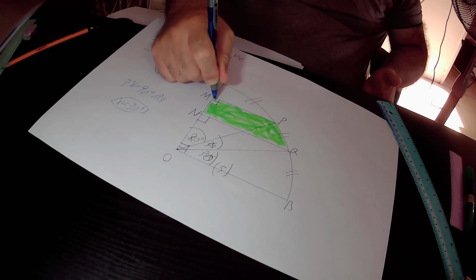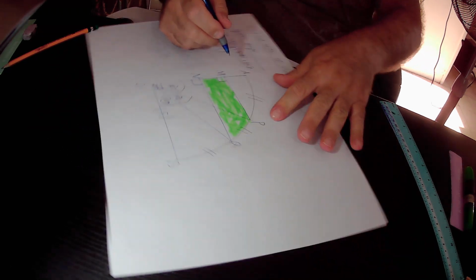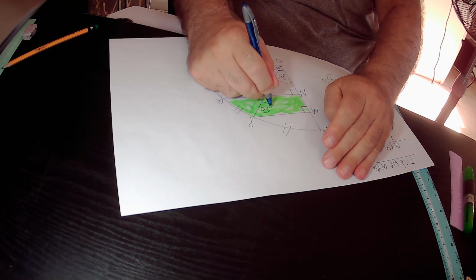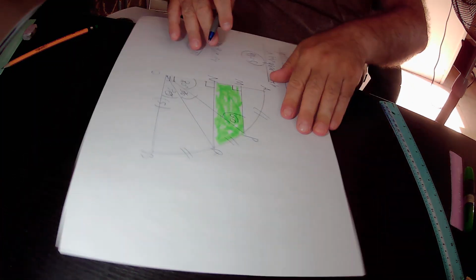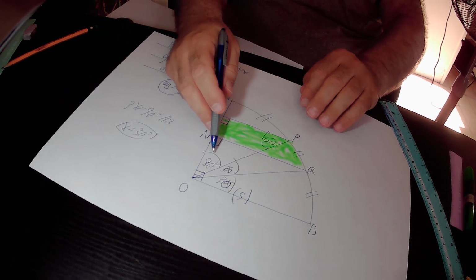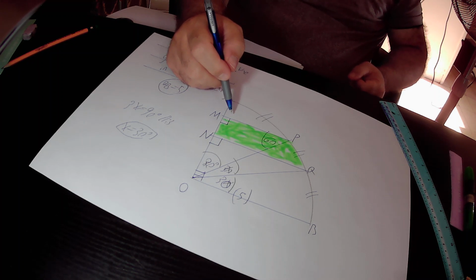Therefore this missing angle must be equal to 60 degrees. Why? Because the sum of the angles in any triangle is 180 degrees: 60 plus 30 is 90, and 90 plus 90 is 180.